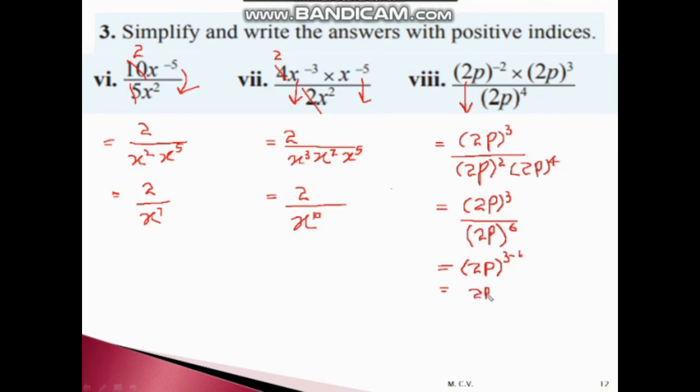Now there is a negative index. We have to keep the answer in the positive index form. Therefore, you have to change the numerator and denominator of the power. Then 2p to the power plus 3. 1 over 2p to the power plus 3 is the answer.